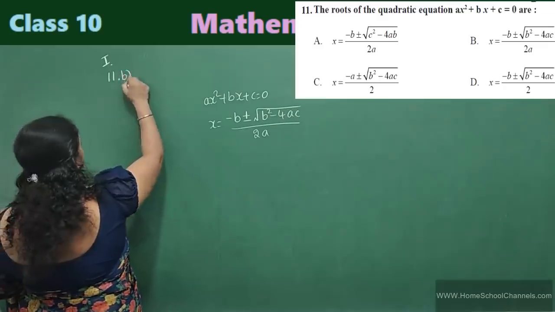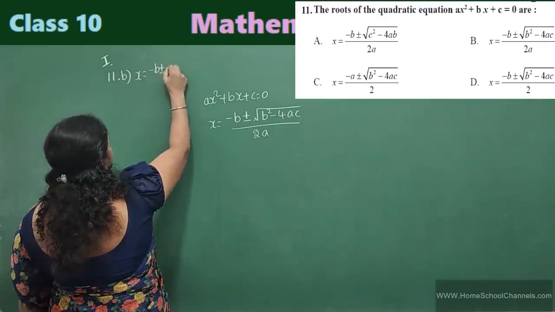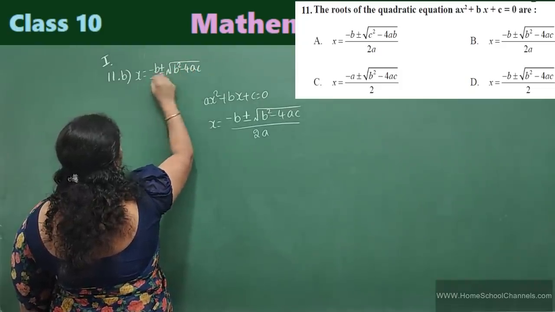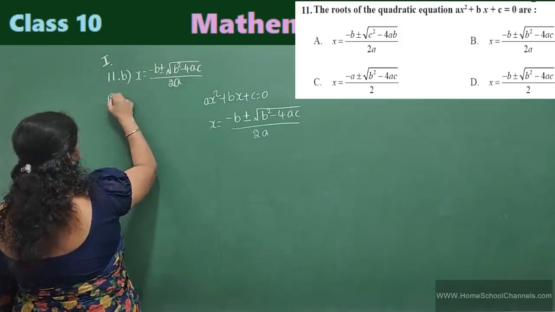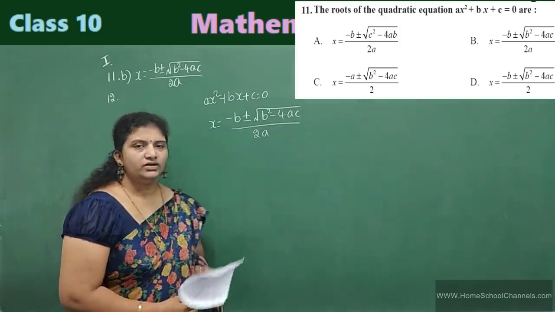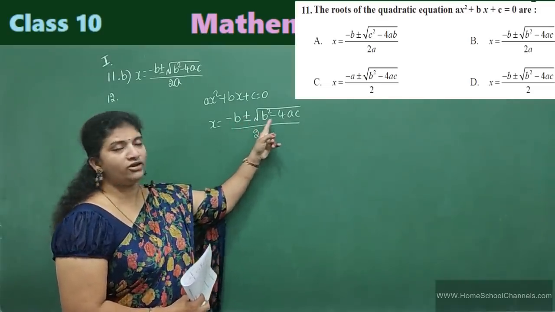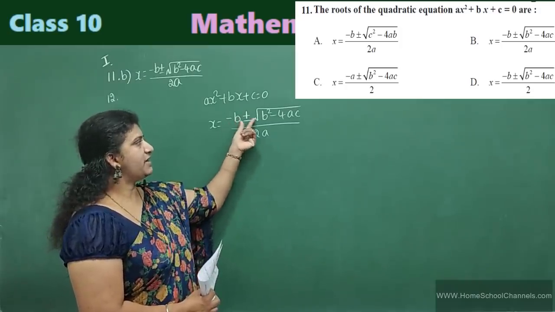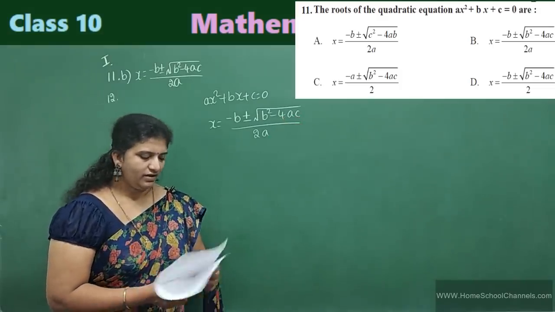Option B. The two roots are x is equal to minus b plus square root of b square minus 4ac by 2a, or minus b minus square root of b square minus 4ac by 2a.